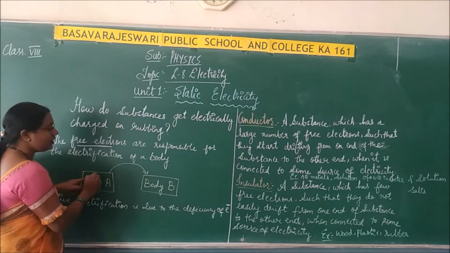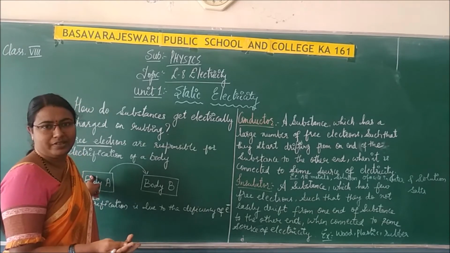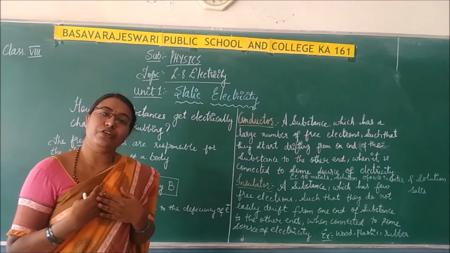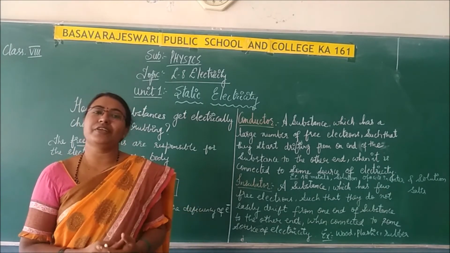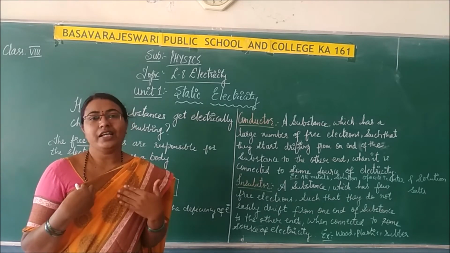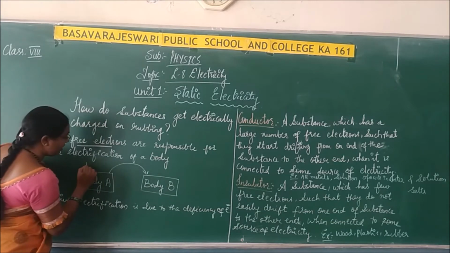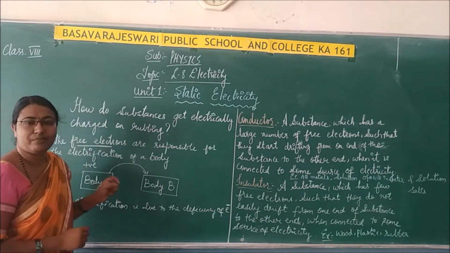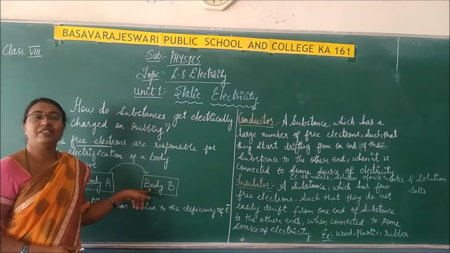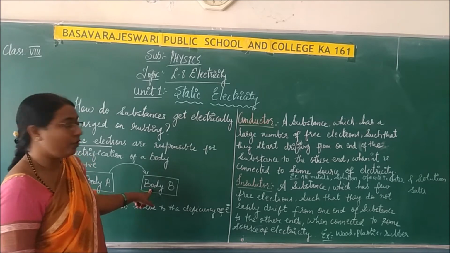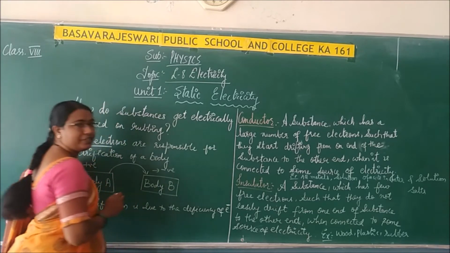The person who gives already seems to be good. For example, if I have 2 chocolates and I give them to you, you will feel happy, you will feel, oh, ma'am is very good, right? So I get a positive impression. Here body A is getting positively charged, and body B, which has taken the electrons, will get negatively charged.